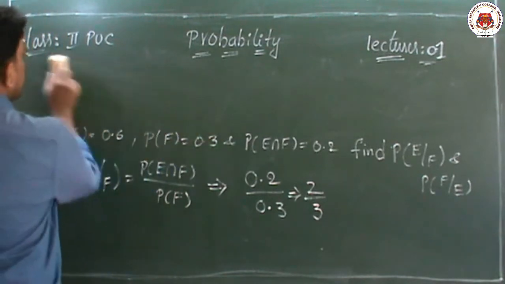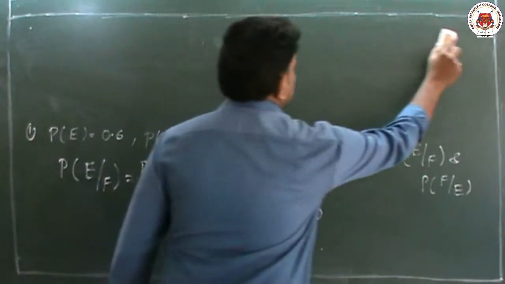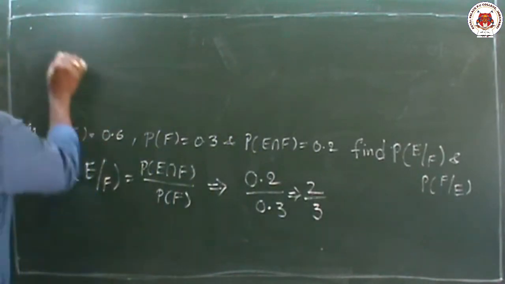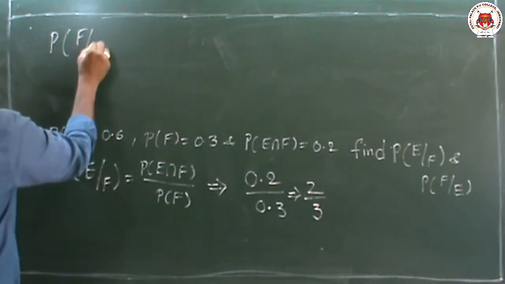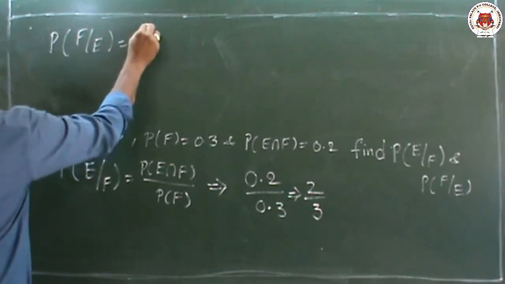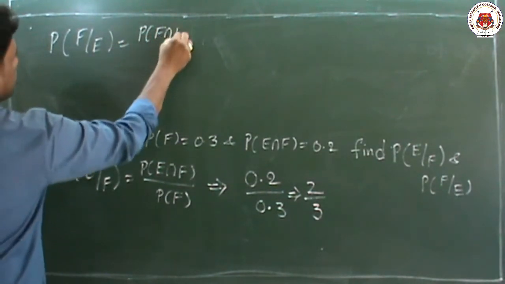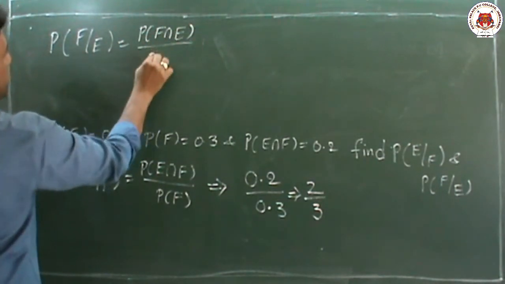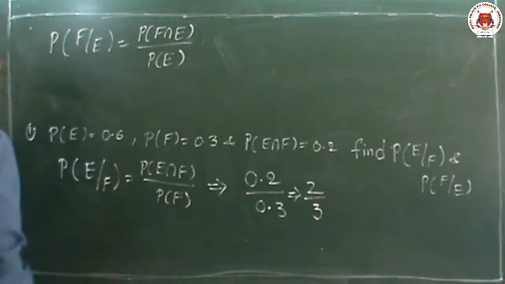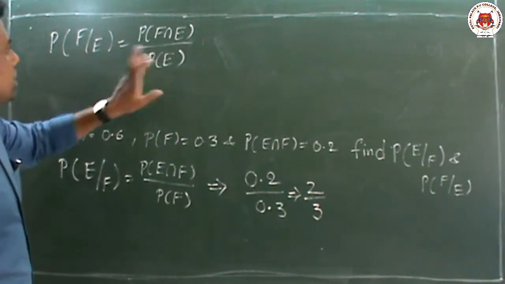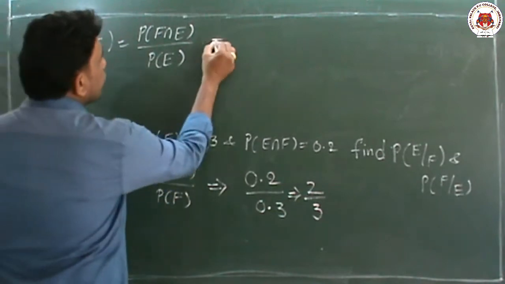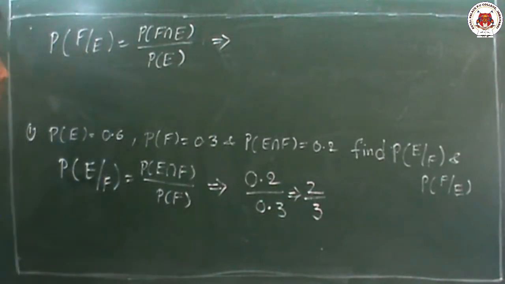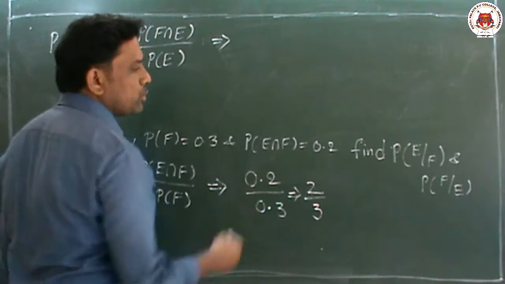Now, let us find P of F by E. What is the formula for P of F by E? P of F intersection E divided by P of E. This is the formula. So which one is the denominator? That one we have to write down. So P of F intersection E; F intersection E and E intersection F are both the same.